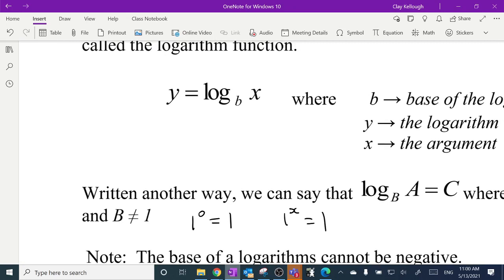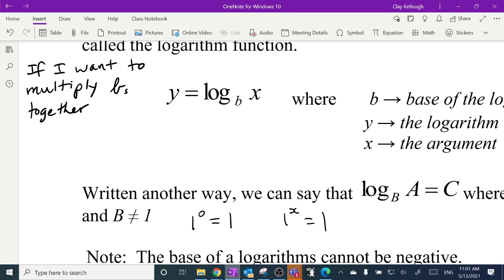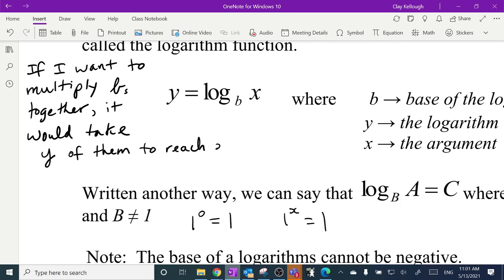I think, if I want to multiply b's, because b's the base, together, it would take y of them to reach x.